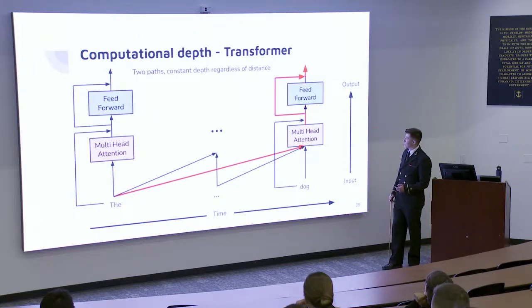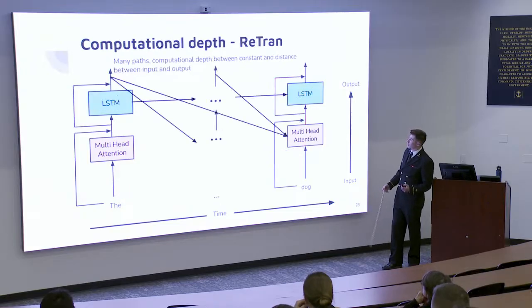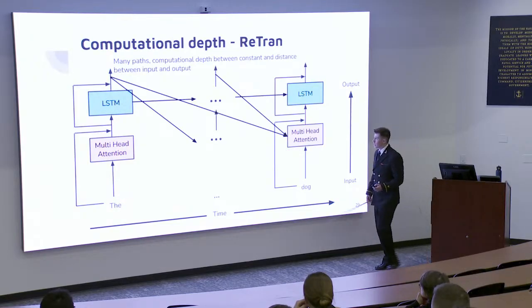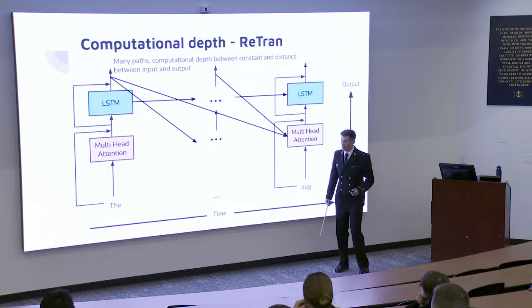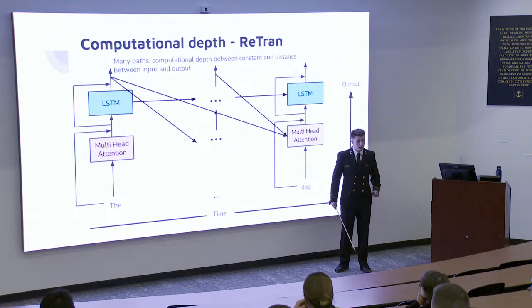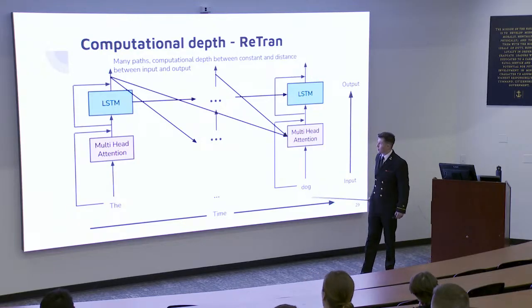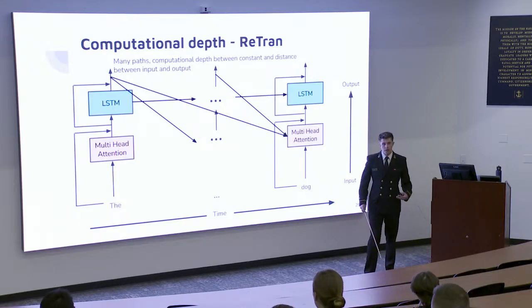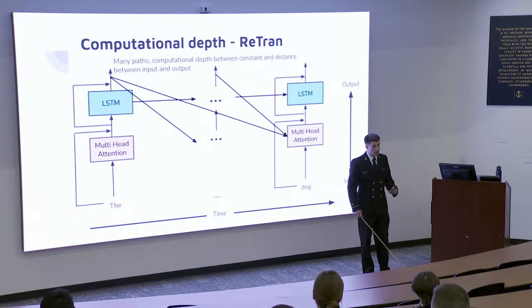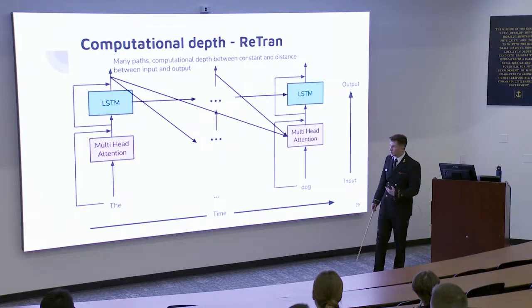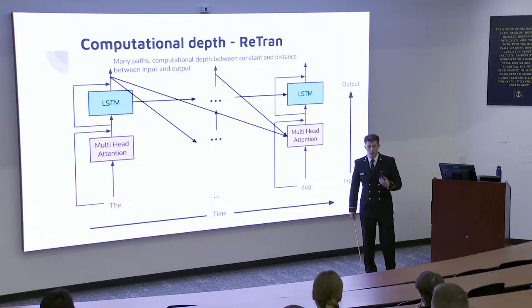Now, finally, our recurrent transformer, our RETRAN, has many different paths with a varying range of computational depth, from a constant length to a length that varies linearly with the distance between the input and output pair. This allows the RETRAN to use shallow thinking when that's more advantageous, for memory's sake, and it allows it to use deeper thinking to solve harder problems when necessary.